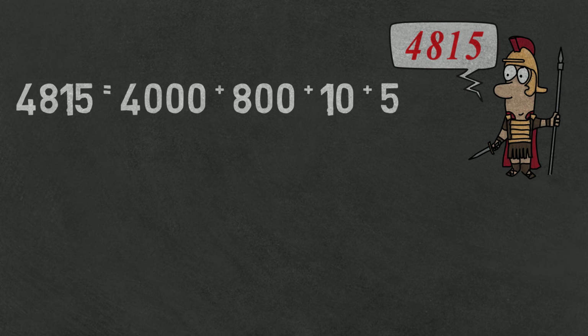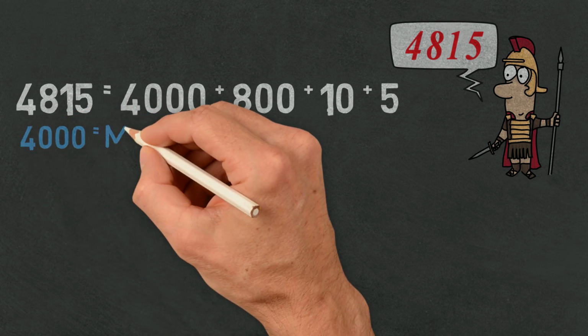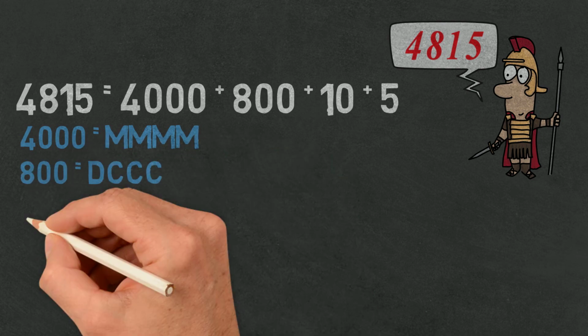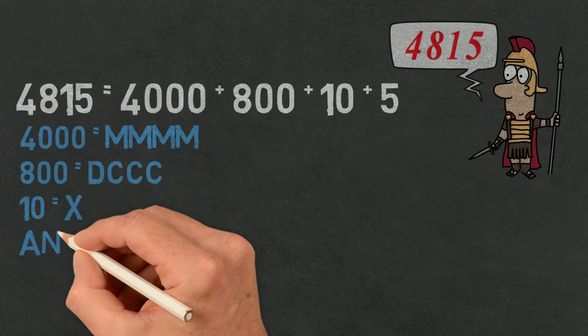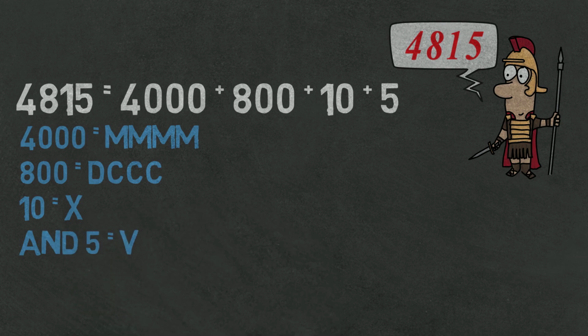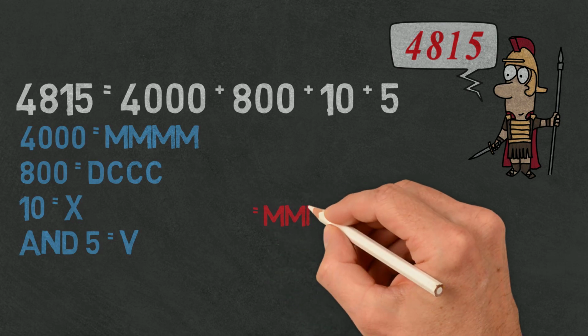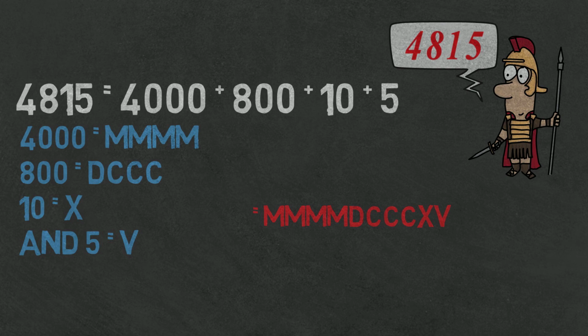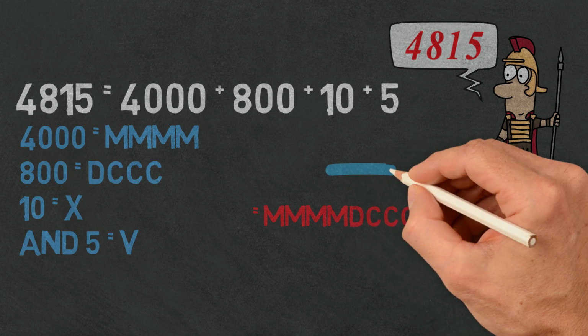Now writing the Roman numeral value for each of these, we get 4000 as M, 800 as DCCC, 10 we know is just X, and then 5, which is V. Hence we can write the number 4815 as MDCCCXV.